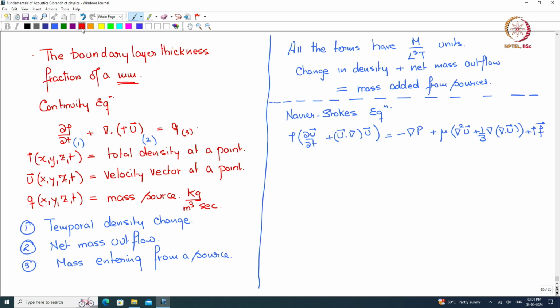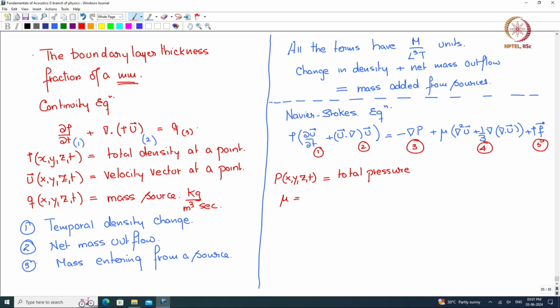We will number these terms 1, 2, 3, whole thing will be 4 and 5. Okay, so here p of x comma y comma z comma t is the total pressure at a point.